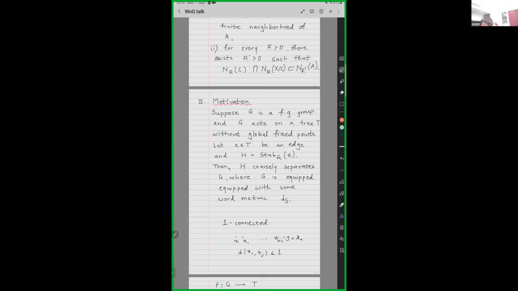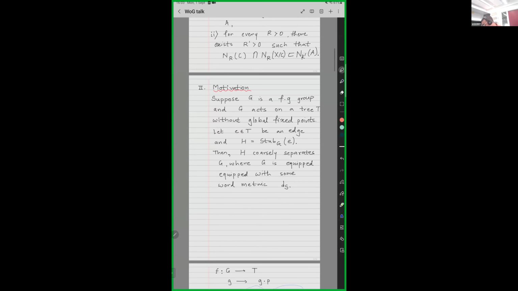Basically you can go from x to y by taking jumps of length 1 or less. Then you just need this constant r prime to exist for r equal to 1, right? Because if it exists for r equal to 1, then you can prove that it exists for all r, right?